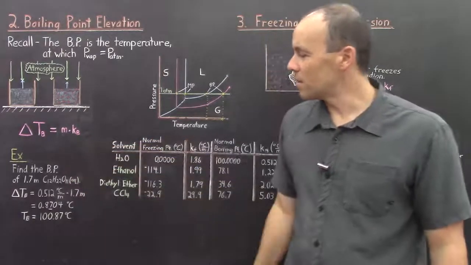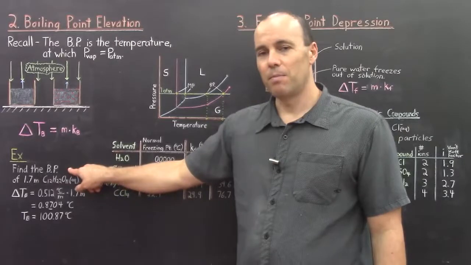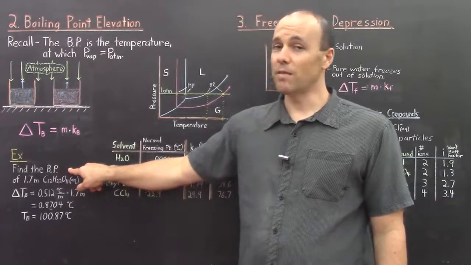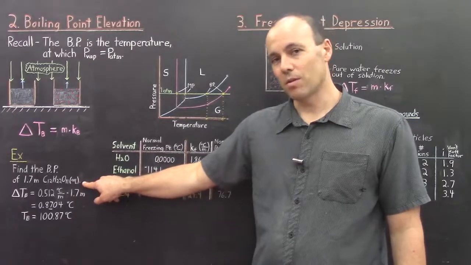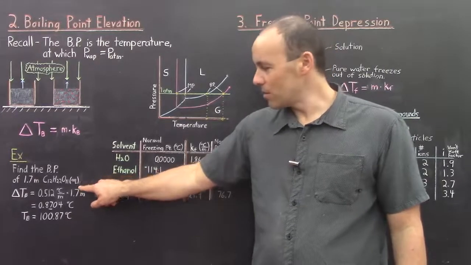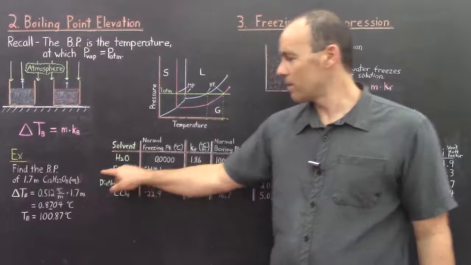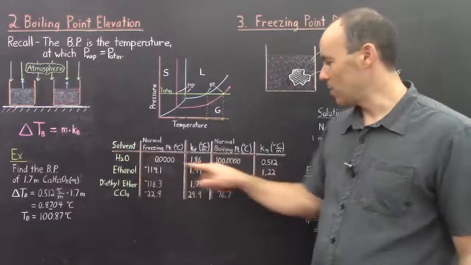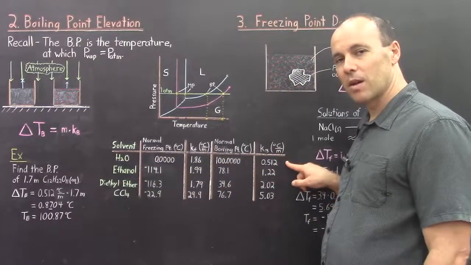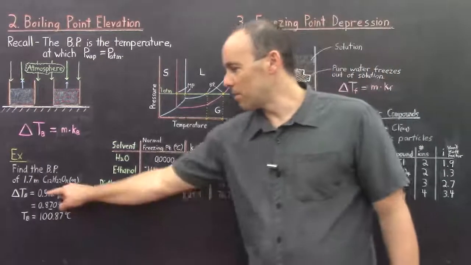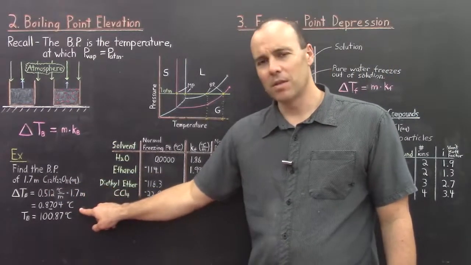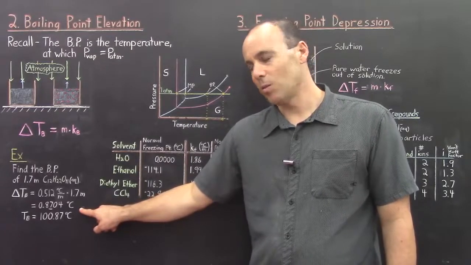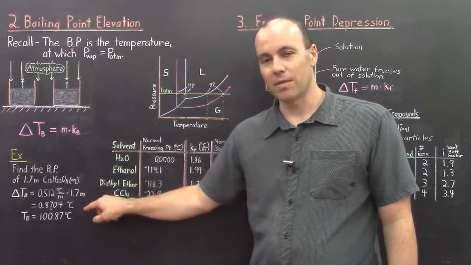So for instance, suppose you wanted to find the boiling point of 1.7 molality aqueous sucrose solution. So this aqueous means that water is the solvent. So we find the boiling point elevation constant for water, and we multiply that by the concentration, and we get 0.8704 degrees Celsius, which rounds to 0.87.